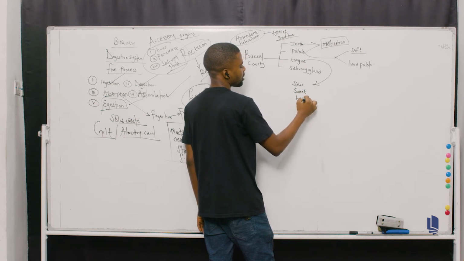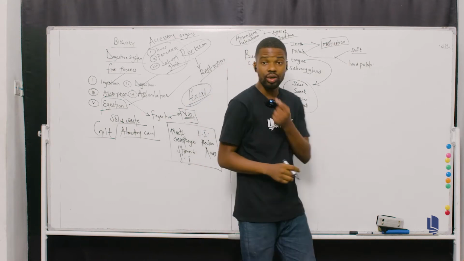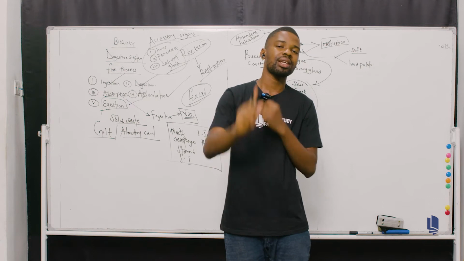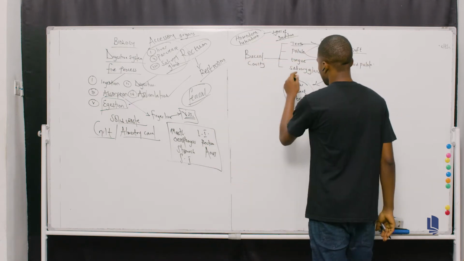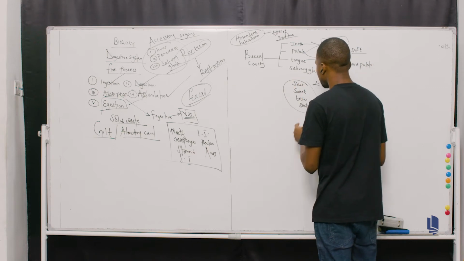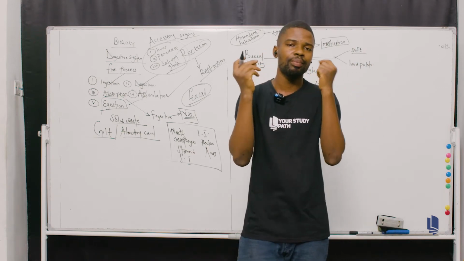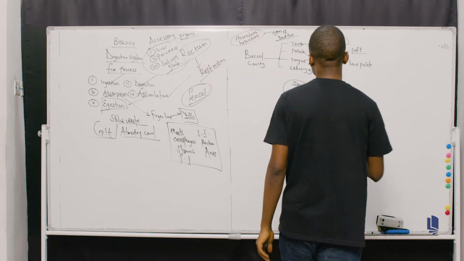The bitter, and we have the what? The salt. The sweet is located at the tip of your tongue. The bitter is located at the back of your tongue. While the sour and the salt are at the side. Good. So that's your tongue.